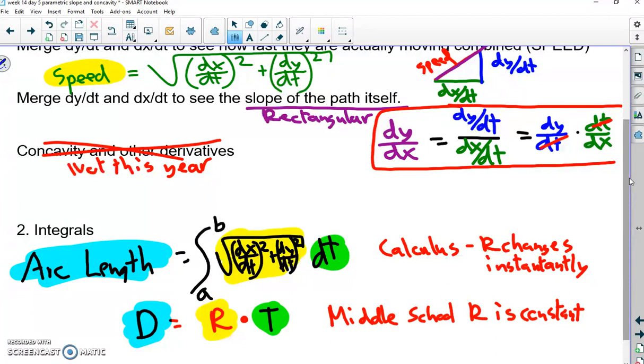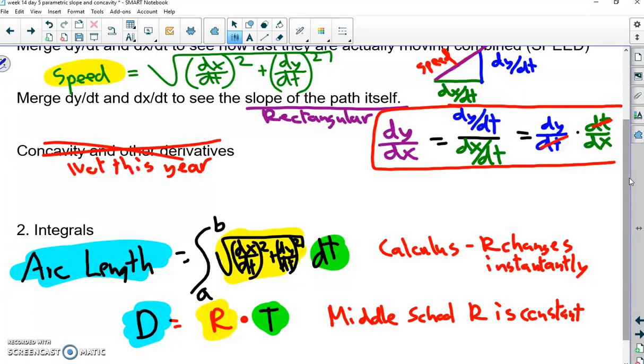I can speed up, I can slow down, I can hit the gas, I can hit the brake. So it's more like I'm going 60 miles an hour for this millisecond, but now I'm going 61 for this millisecond, and then 62 for this millisecond. Then 30 miles an hour for this millisecond, and now I'm back going 45 and then 60, and it changes nonstop, and that's what an integral does.